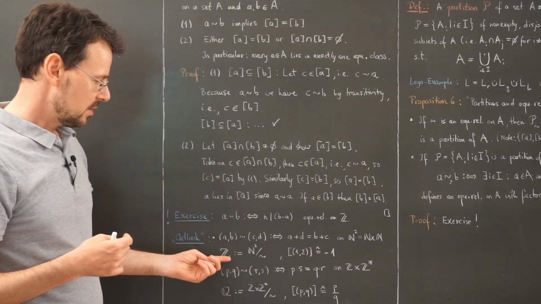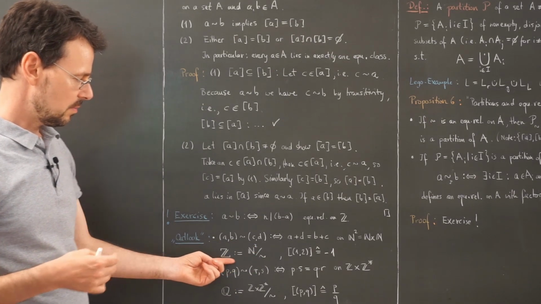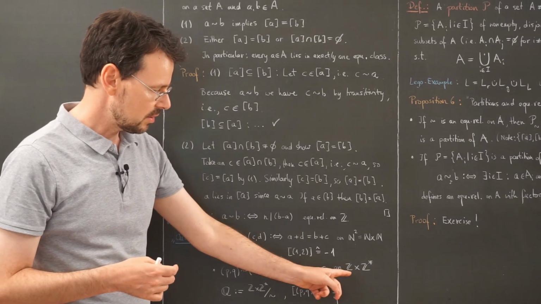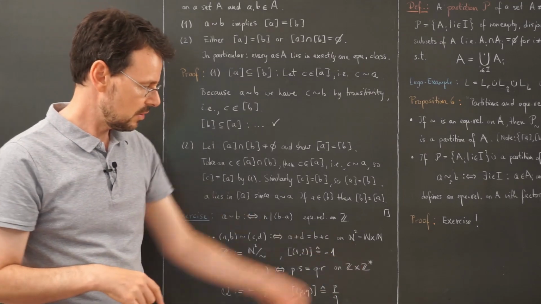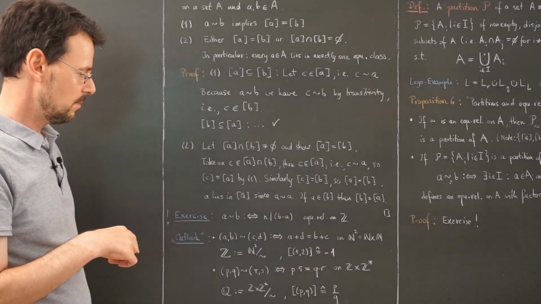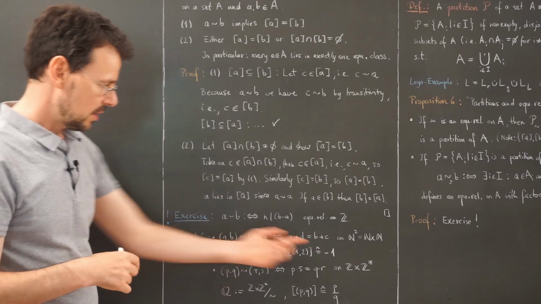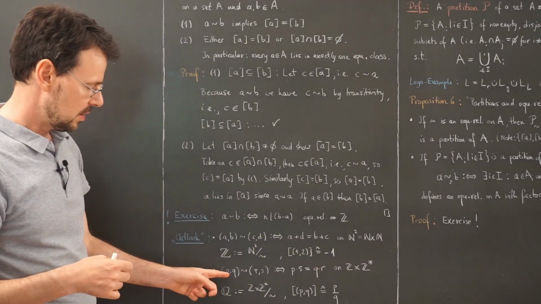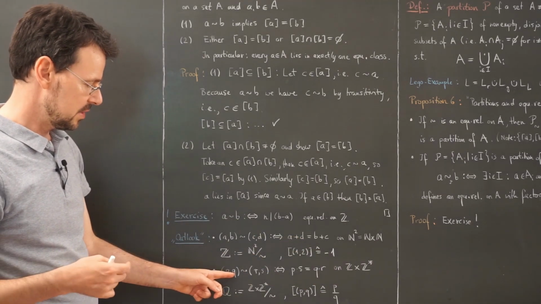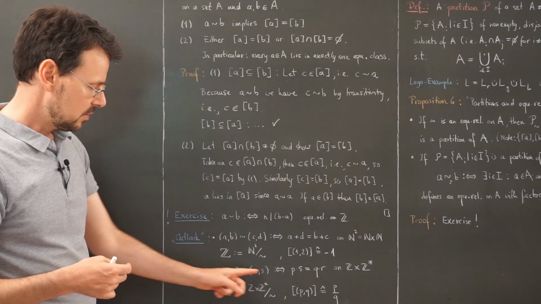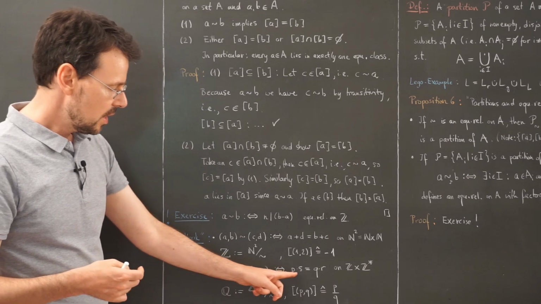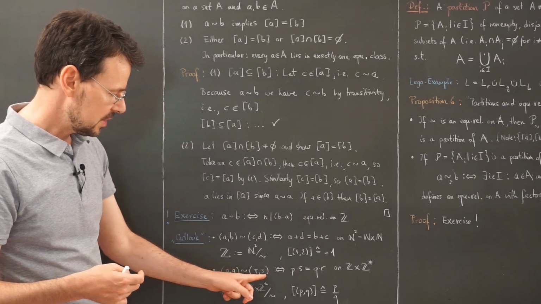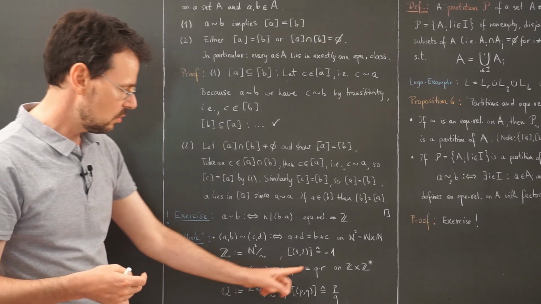Now, if you've constructed the integers, you don't need to stop there. You take the direct product of the integers with the integers without a 0. Z star means Z without a 0. And then you take tuples of integers where the second one can't be 0, and you define two tuples of integers to be equivalent if p times s is the same as q times r.